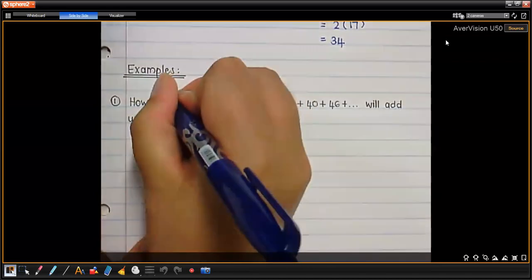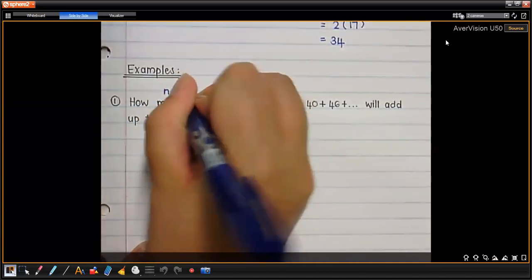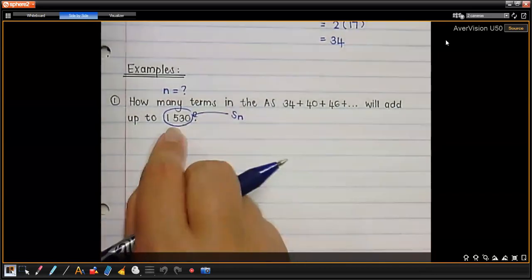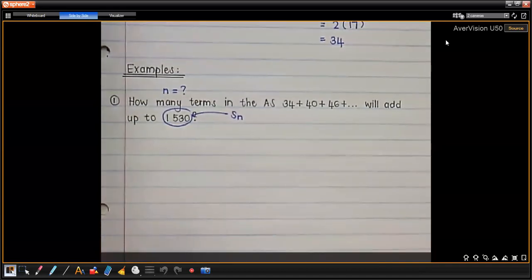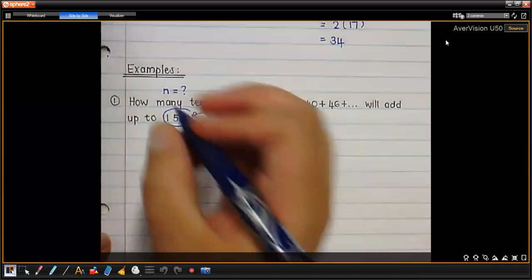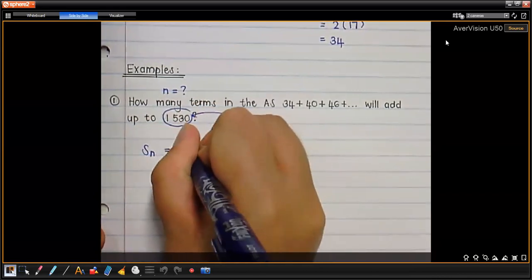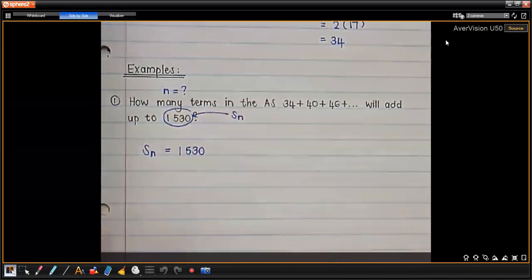How many terms is n? We want to know how many terms we have to add together to get to a sum of 1,550. So we're going to say the sum of n is equal to 1,550.